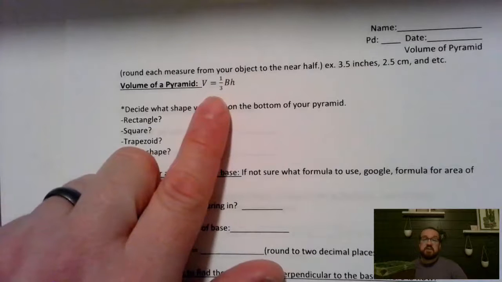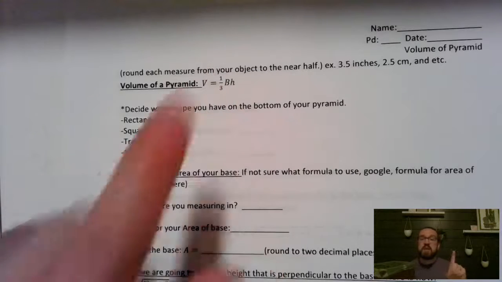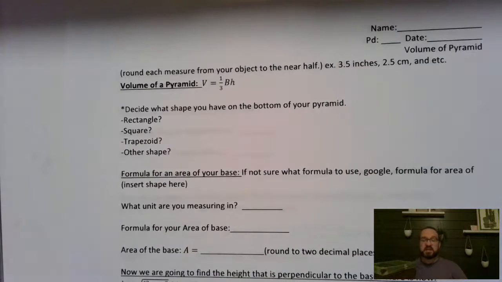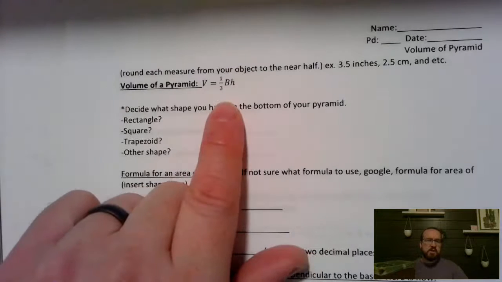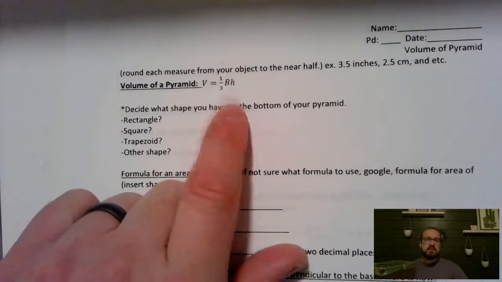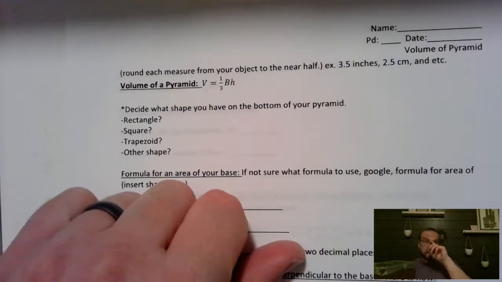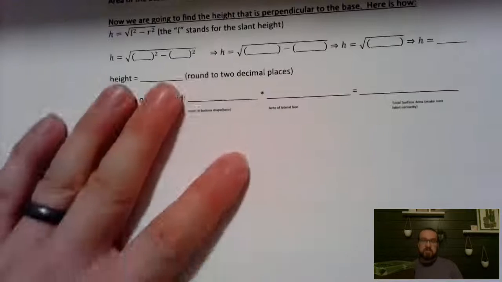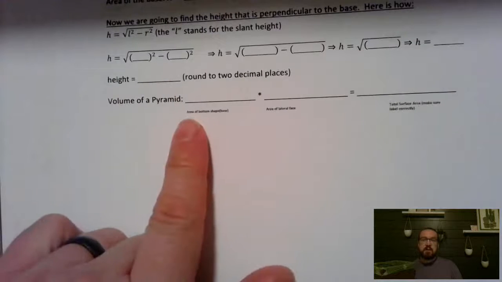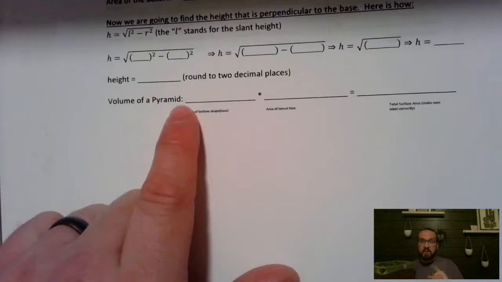It's just the area of the base times the height. However, with both a cone and a pyramid, because of that slant, it's only 1/3 of the base times the height. So let's not forget that 1/3 when we're down here finishing out our final part. I definitely didn't include it there, so we'll have to remember that.